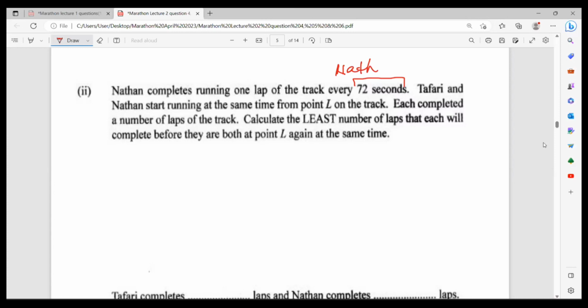Tafari, watch this now. Tafari and Nathan start running at the same time from L. See that? They're going to start at the same place. Each completed a number of laps, so they run different amounts of laps. Calculate the least number of laps that each will complete before they both meet at the same place.